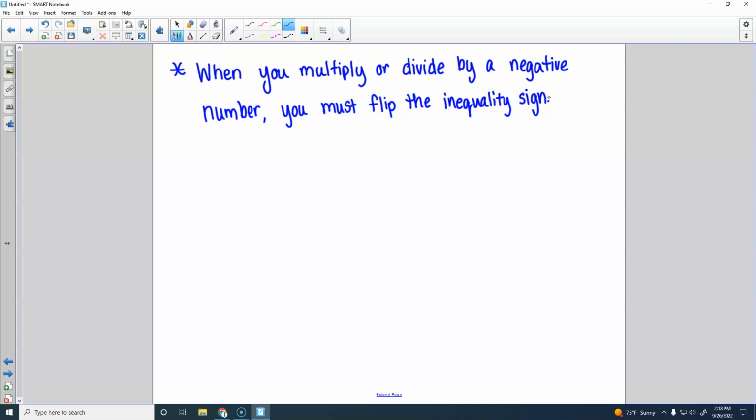Okay, so let's think about why in the world that is the case. So let me give you this first example that we're going to do here. Let's do one like negative 3x is less than 18. Okay, so this is a one-step inequality, right? You basically treat these inequalities basically like an equation.